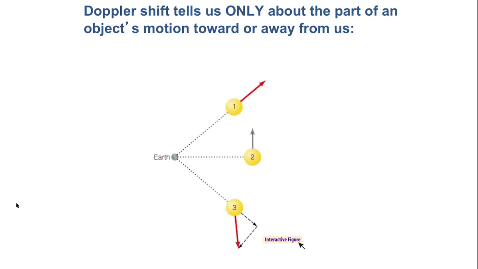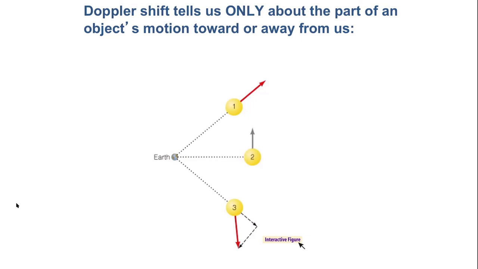Object 2 has a non-zero velocity, right? But it's moving perfectly perpendicular to the line of sight from the Earth. And so we will measure a radial velocity of this object as 0, right? The component of this vector that's along our line of sight is nothing. It doesn't point towards or away.